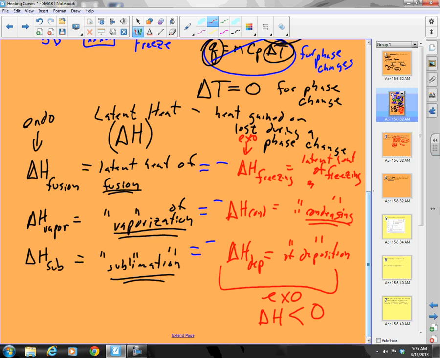That's the convention, that the end result has less energy in it than the beginning, so the change in heat is going to be negative. These over here, because they're endothermic, their delta H's, their latent heats, are always going to be positive. Got it. Wow, lots of stuff here already.